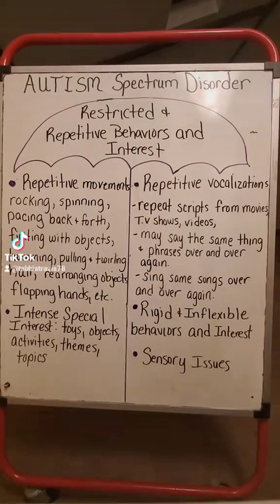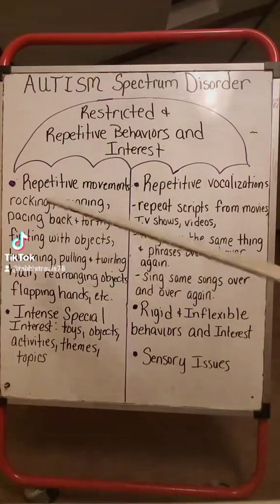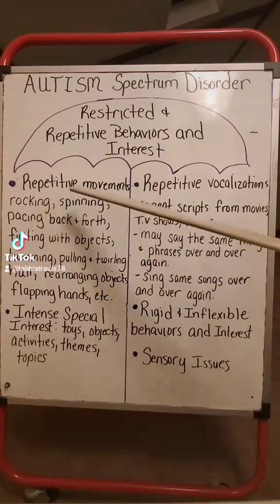All right. The second core area that people on the spectrum struggle with is restricted repetitive behaviors and interests. So under this area, you'll see repetitive movements.